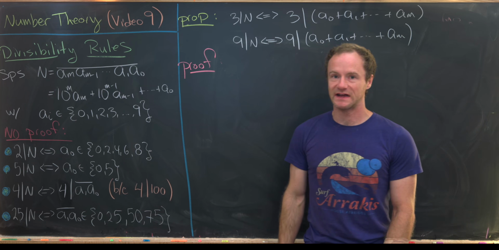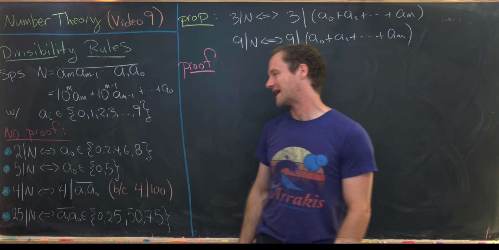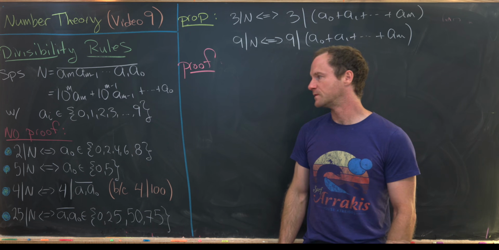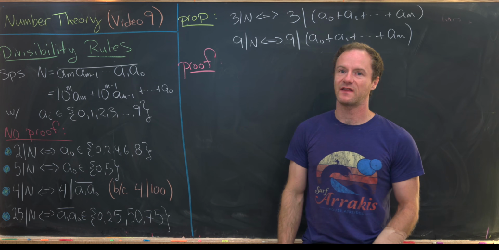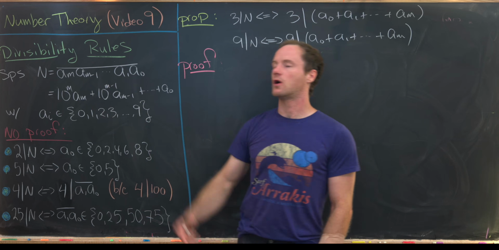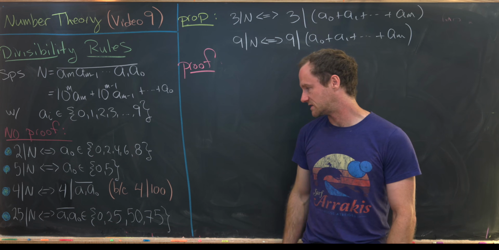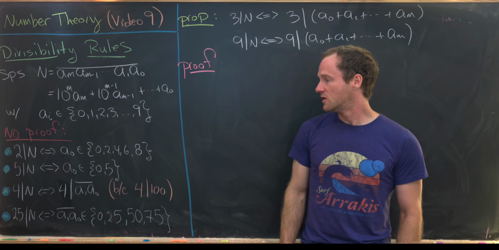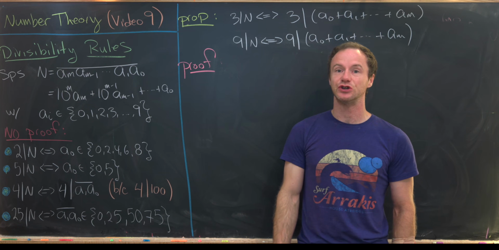Further, 5 divides n, in other words n is a multiple of 5, if and only if the last digit is a multiple of 5. Well, that's also pretty clear, but that really follows from the fact that 5 divides 10. So that means we can just clear all the stuff before this last digit off and only look at the last digit.